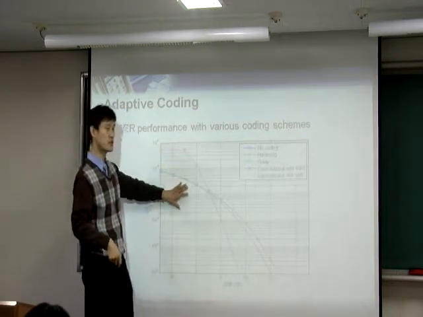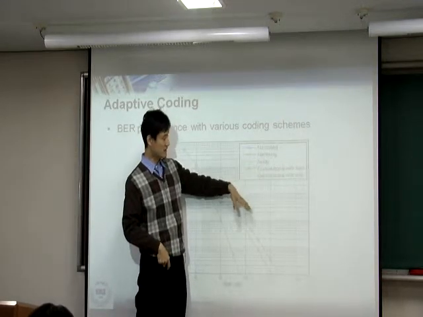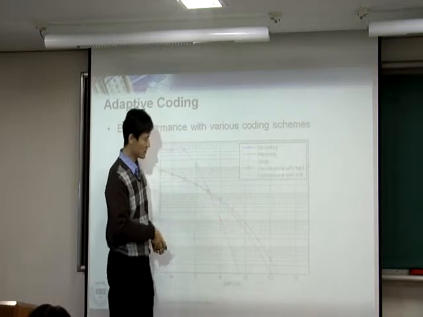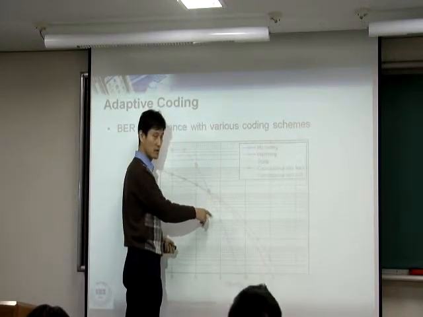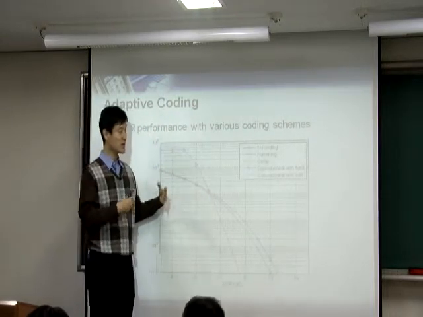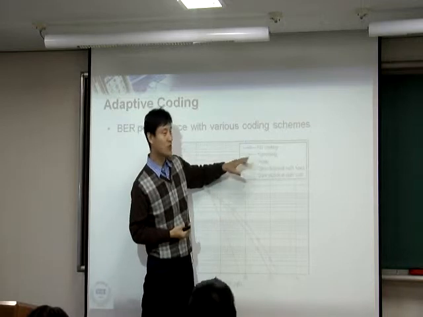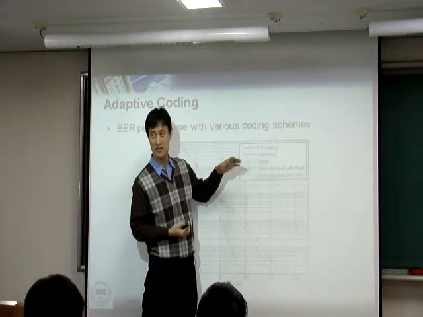This picture basically shows you an idea. Whenever you change a different coding, you get a different BER, so therefore you can think about the range of SNR for each of these codings. I'm not trying to say that we want to switch to completely different coding. That's not practical. You see my message?